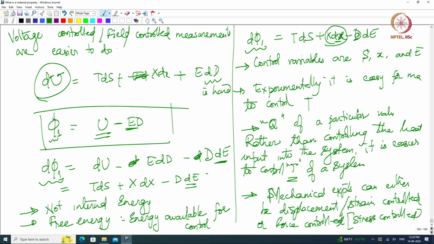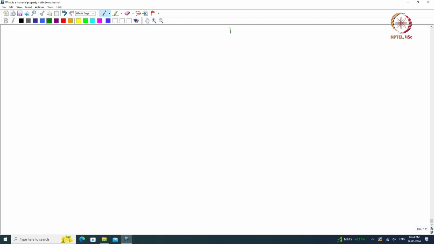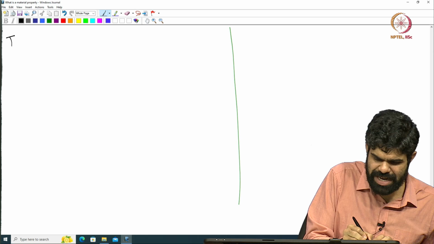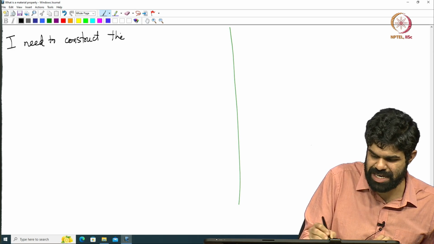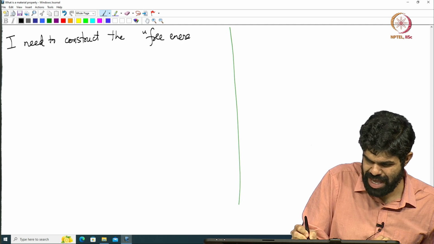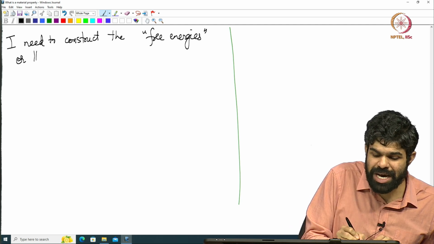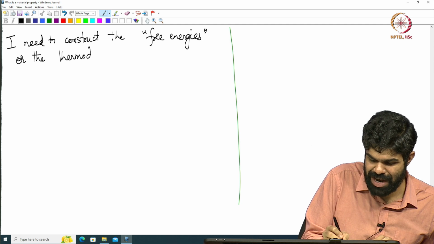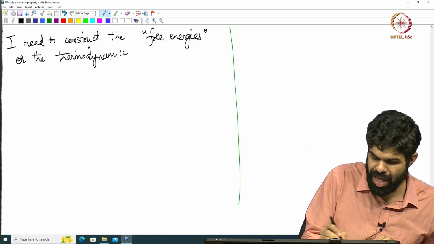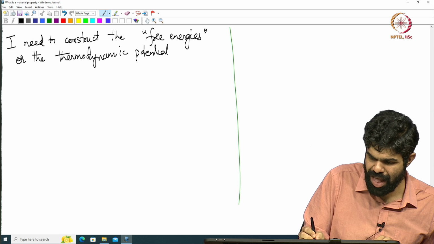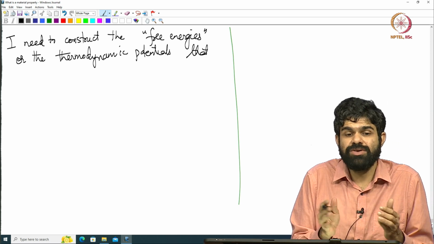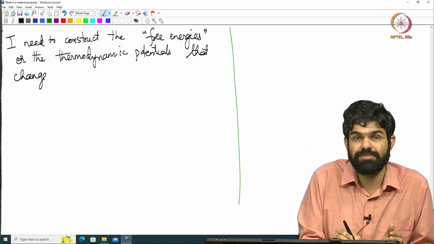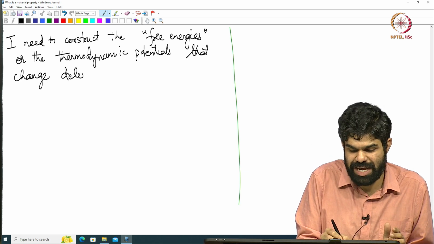So, there are certain parameters that I can control in a given experiment, and the idea is I need to construct the free energies or the thermodynamic potentials that change deterministically by changing the control variables, right.